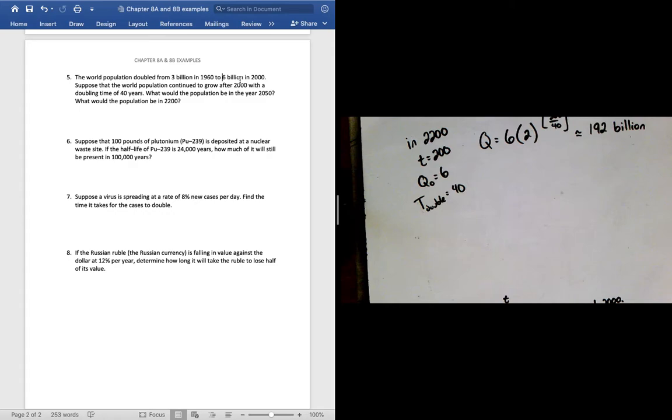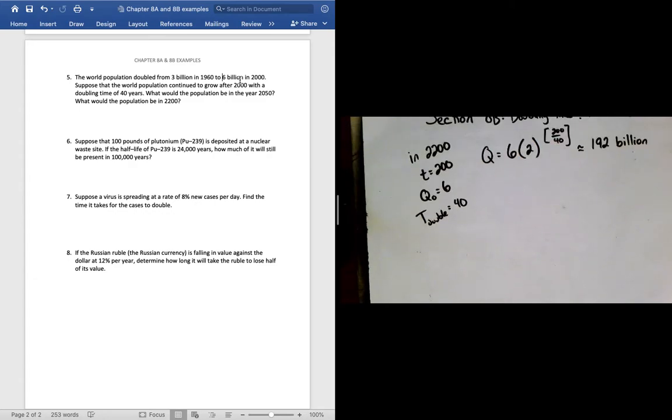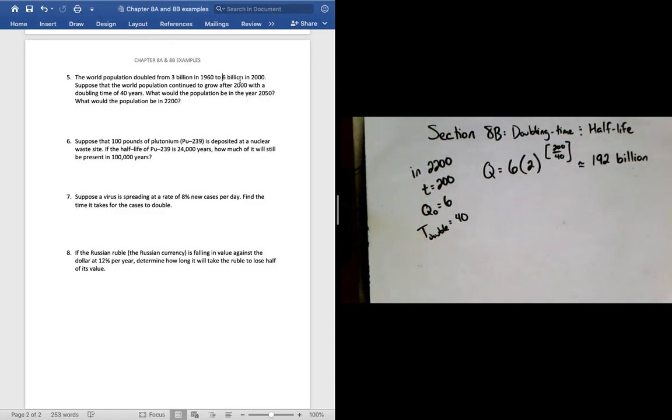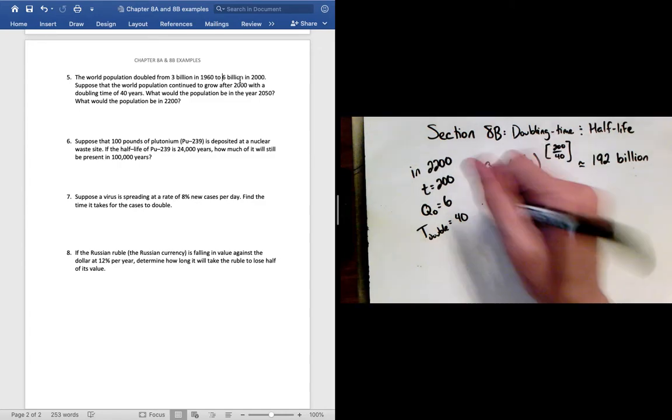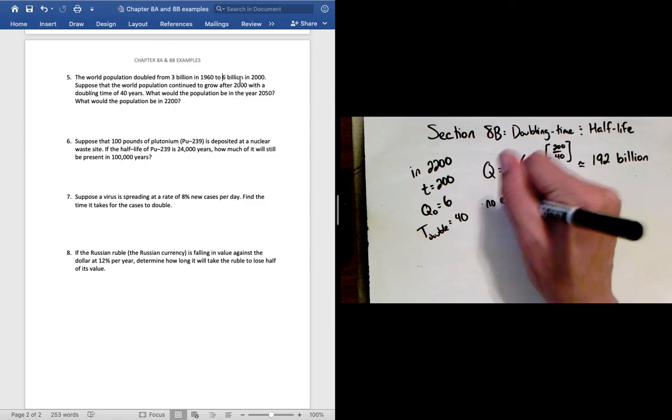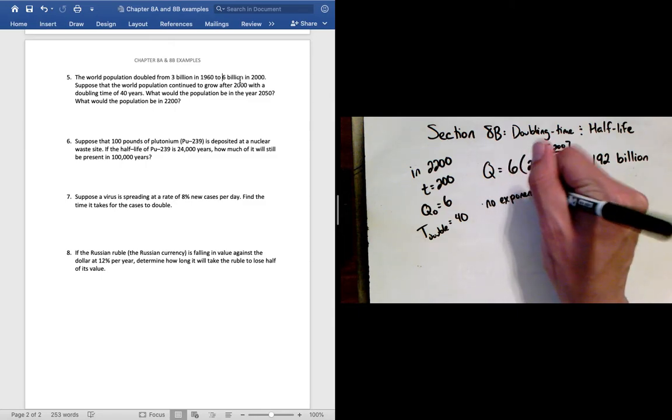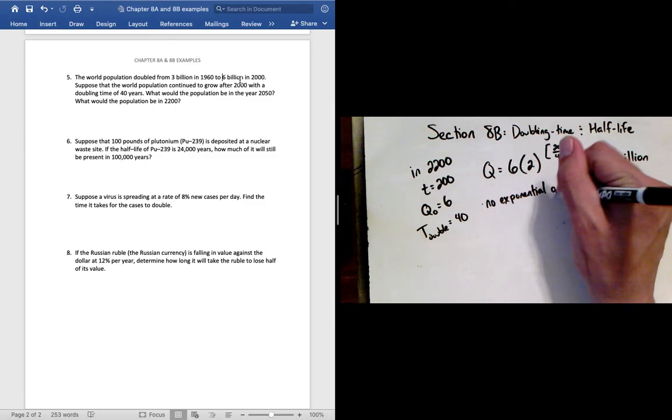We don't have enough resources on Earth to house 192 billion people. Currently, we have just over 7 billion people, and lots of scientists have said somewhere around 10 to 15 billion is when we're going to start leveling out and running out of resources. So this actually brings up something important about exponential growth. No exponential growth can continue forever.